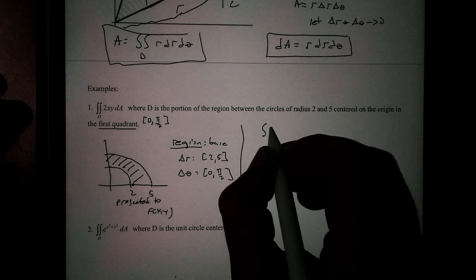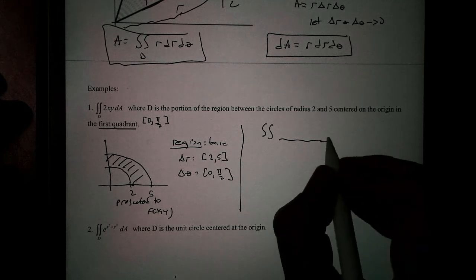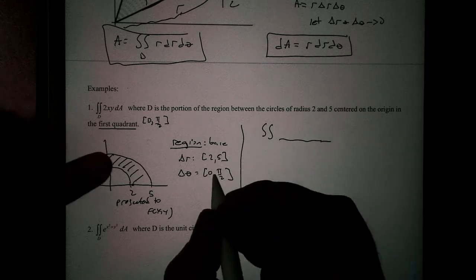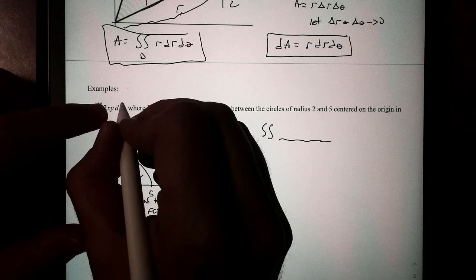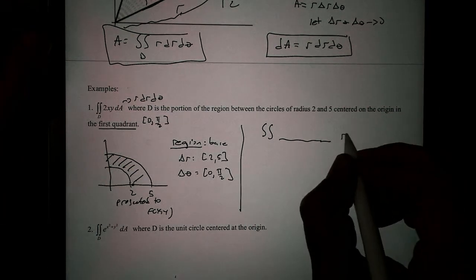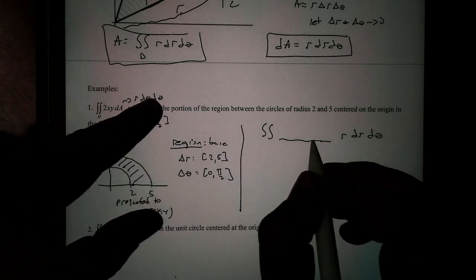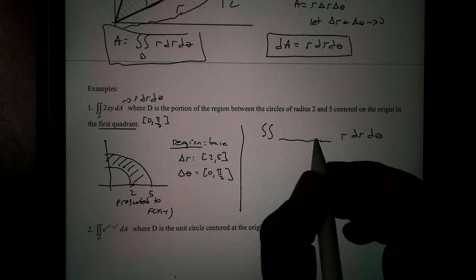My double integral. Remember, I'm going to have something right here. I don't know what's going to be right there just yet. But I know because my dA here in polars is r dr d theta, so we get this r dr d theta. But I do have to convert my function 2xy into polar.